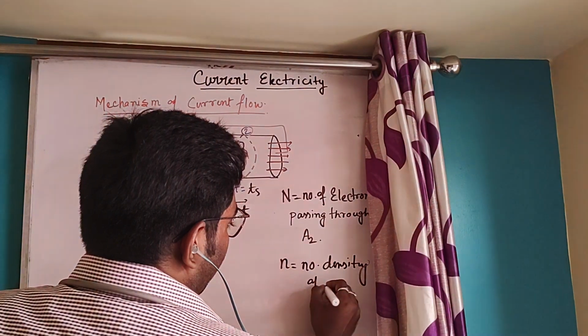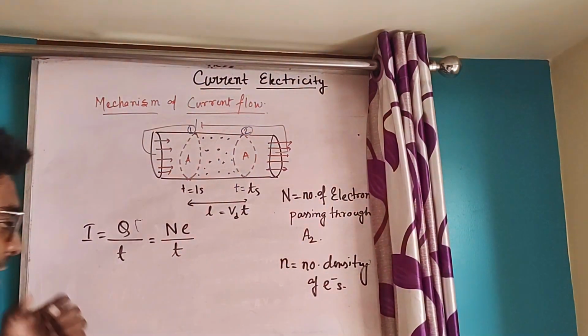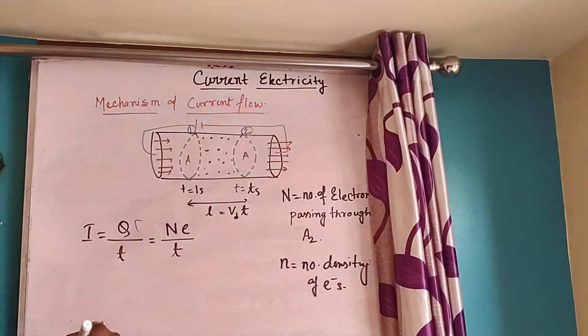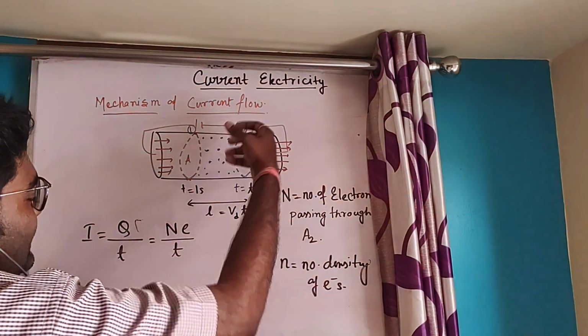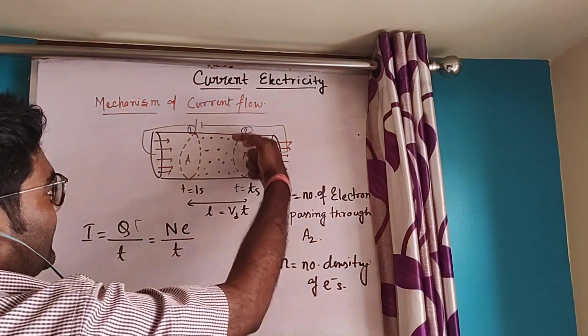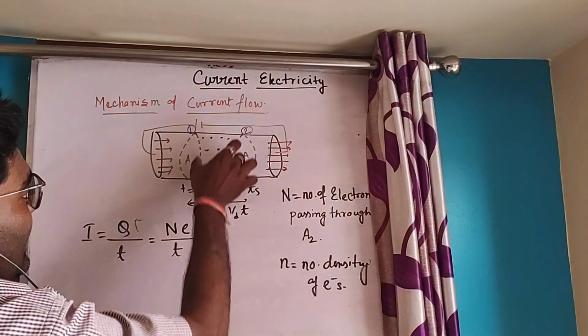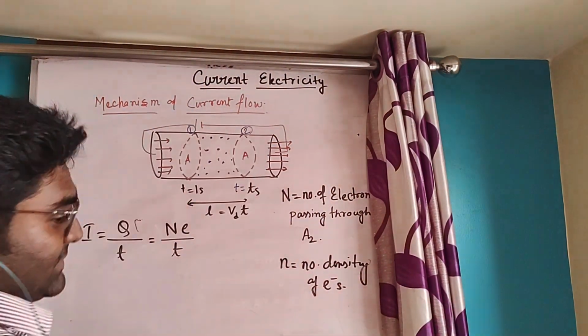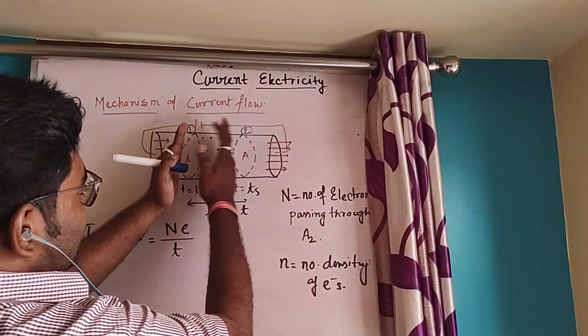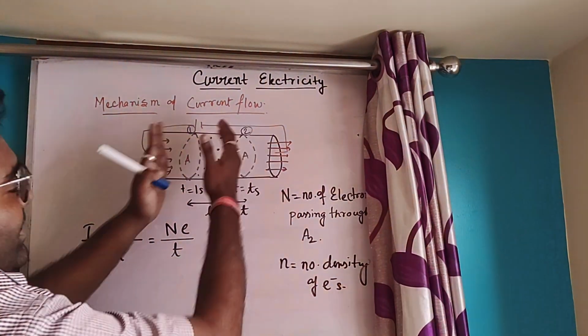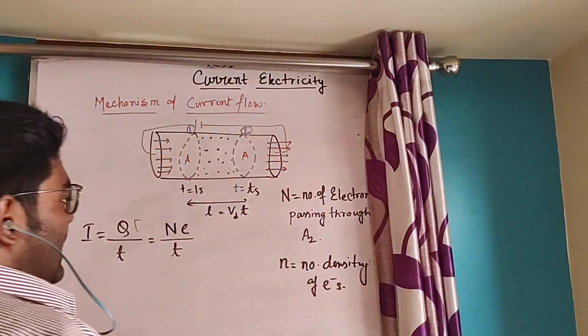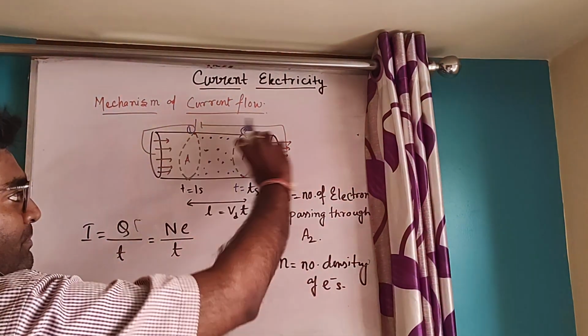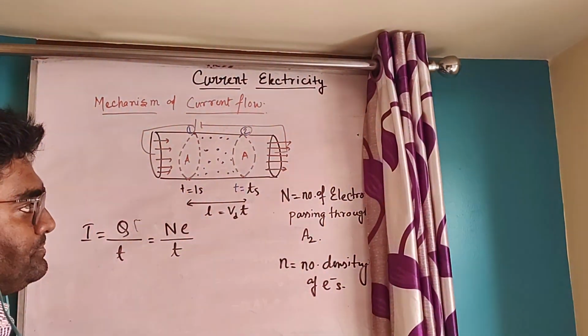Now if n is the number density of electrons, then how many electrons are there inside this volume? This is one surface and this is another surface. Clear? So inside this volume, how many electrons are there? And that number of electrons will pass through this A2.